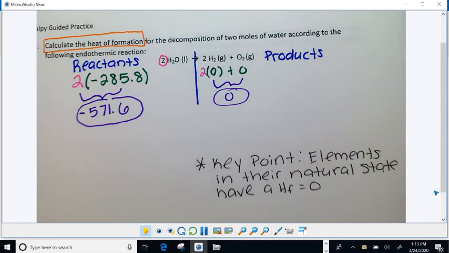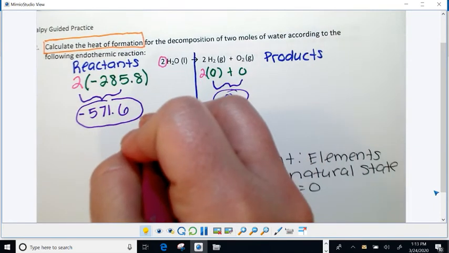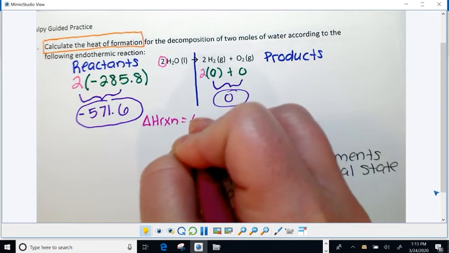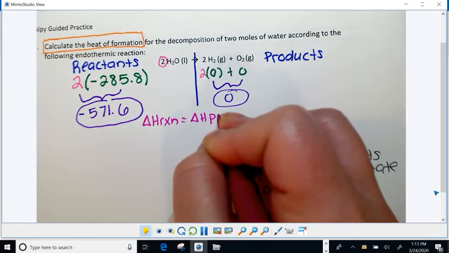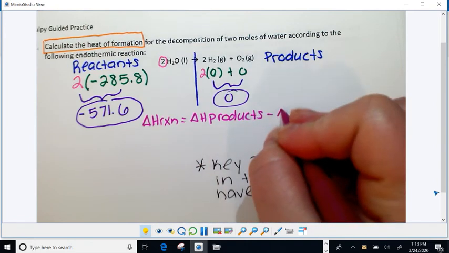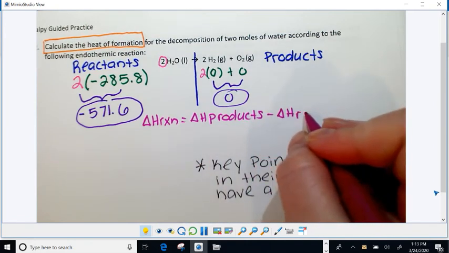And then we're going to plug it into our equation. Delta H of the reaction is equal to delta H of the products minus the reactants.